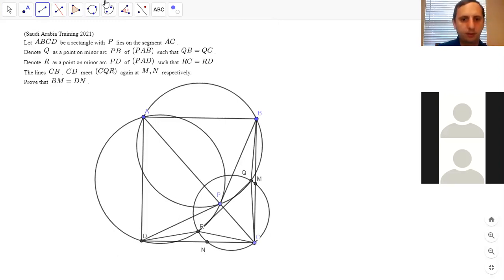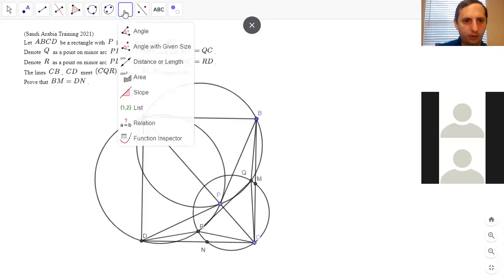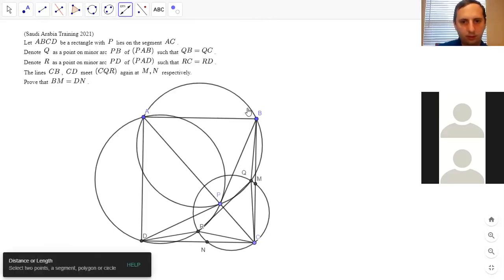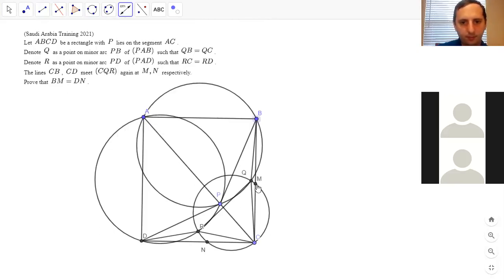So let me check that the problem's actually true. If I calculate the length of BM, 3.56, and that's also 3.56. All right.